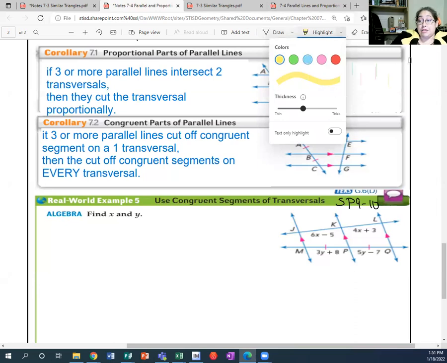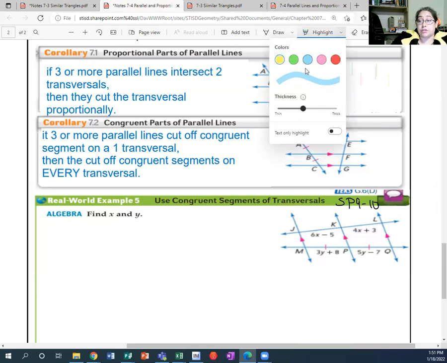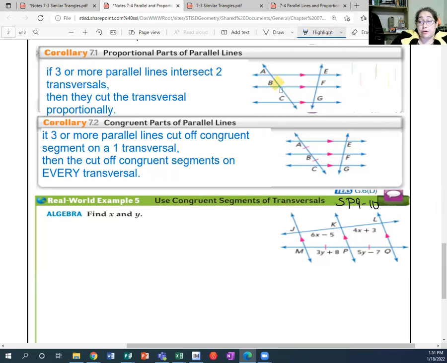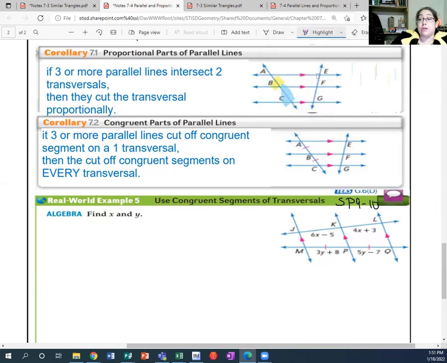And it's going to cut these transversals in proportion. That means this piece of this transversal in a ratio, in a fraction with this piece along that same transversal, is going to be equal to a fraction made of this piece of the transversal to this piece of the transversal.